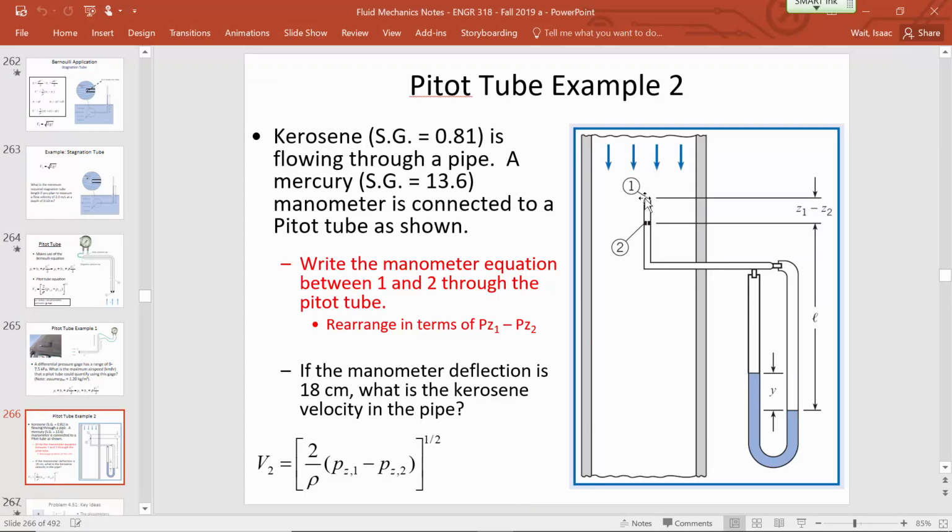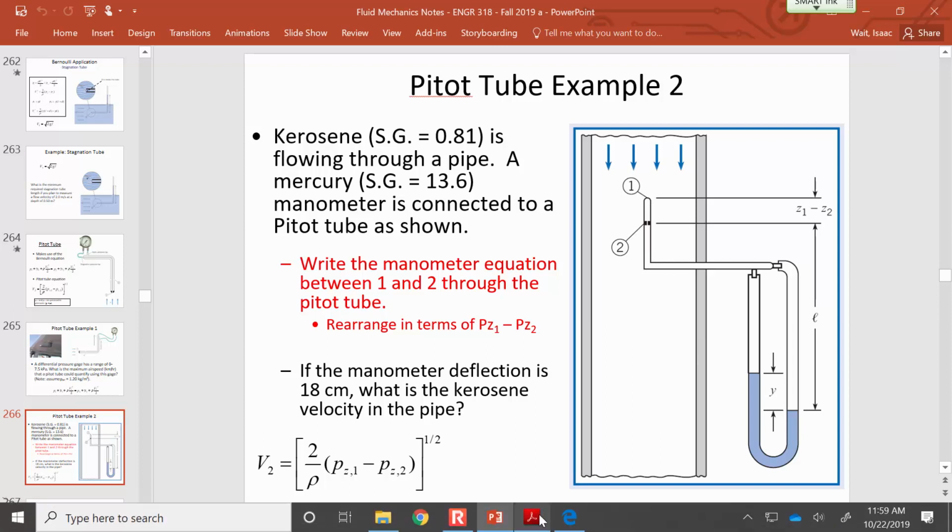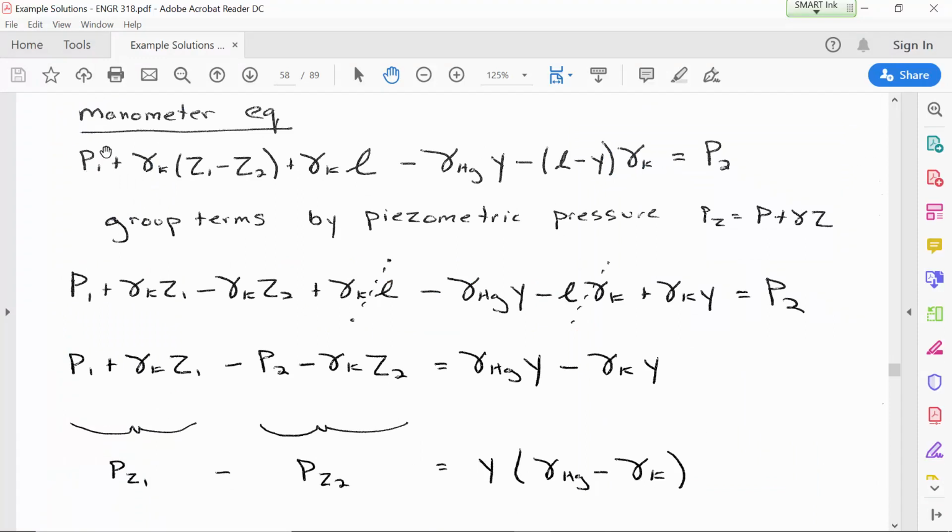And so between 1 and 2, we can't apply the hydrostatic equation outside of the pitot tube because, here in the pipe, the kerosene is flowing. But inside the pitot tube and through the manometer, it's static. And so what we can say is that we start at location 1 and we've got some pressure there.